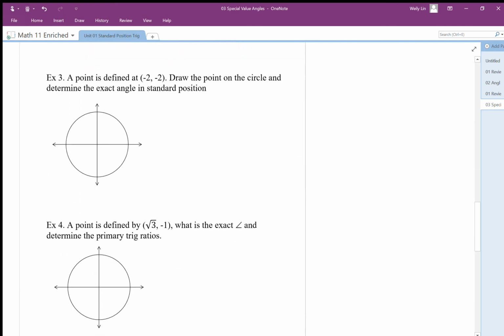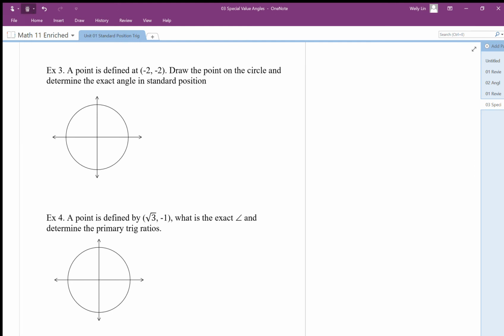So let's apply this. We have a point defined by negative 2, negative 2. That's in quadrant 3, and it's symmetrical along x and y, so we should have an idea what that triangle is going to look like. There's our reference triangle, and that point is going to be negative 2, negative 2. What we also want to know is the angle that finds that same position.